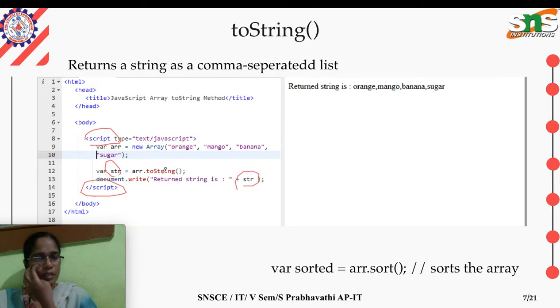While this conversion is taking place, the array will be converted into comma separated strings like this. Okay, and one more note about this object, document dot write. This is also a valid statement in JavaScript. This is allowed.